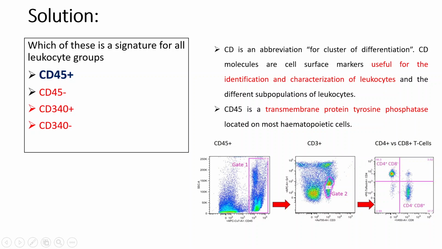Similarly, next we are selecting for the cells which are CD4 positive and CD8 positive. This way we can select for the cells which are of interest to us with the help of FACS and gating.